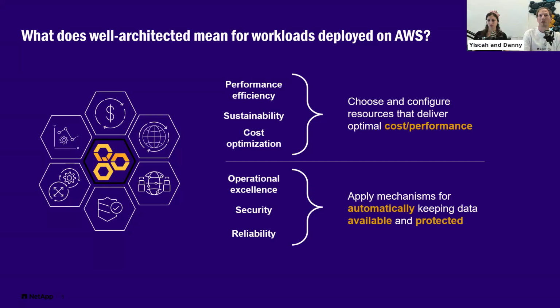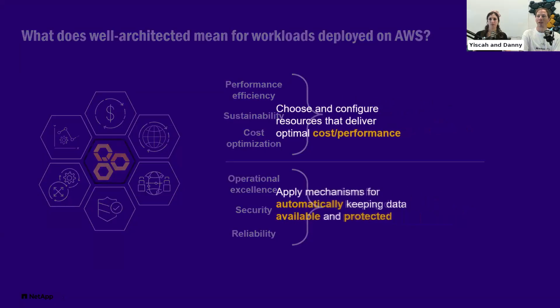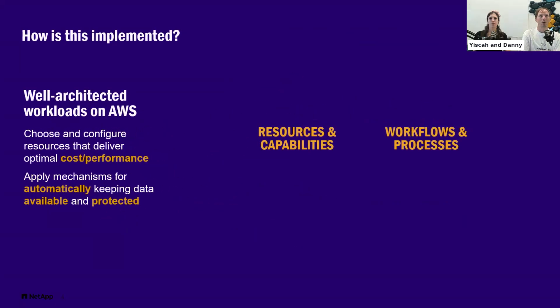Maintenance is very important, but we want to make it as automatic as possible and limit manual work as much as possible. Here we can put operational excellence, security and reliability, and ideally we want to make these as automated as possible.